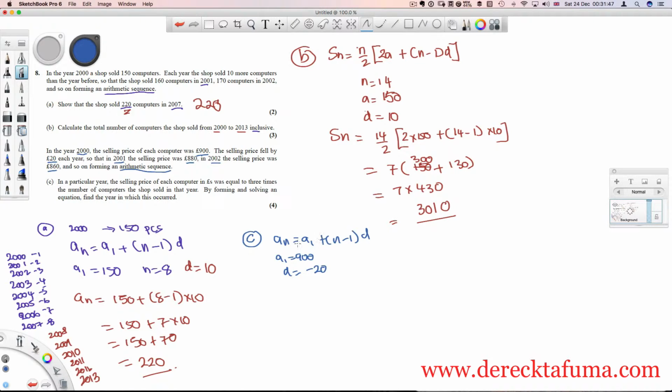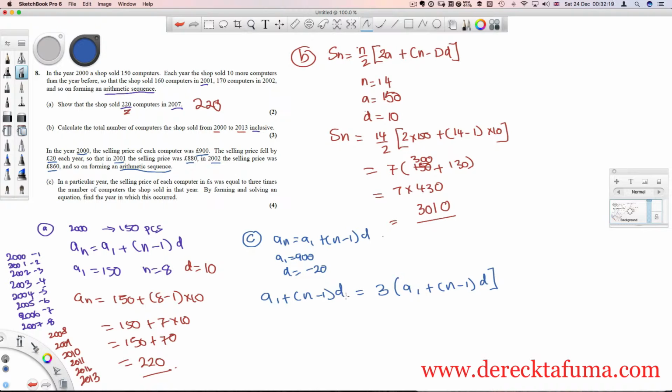So the selling price, A1 plus (n minus 1) D, was equal to 3 times the number of computers in the shop, and the number of computers in the shop is A1 plus (n minus 1) times D.